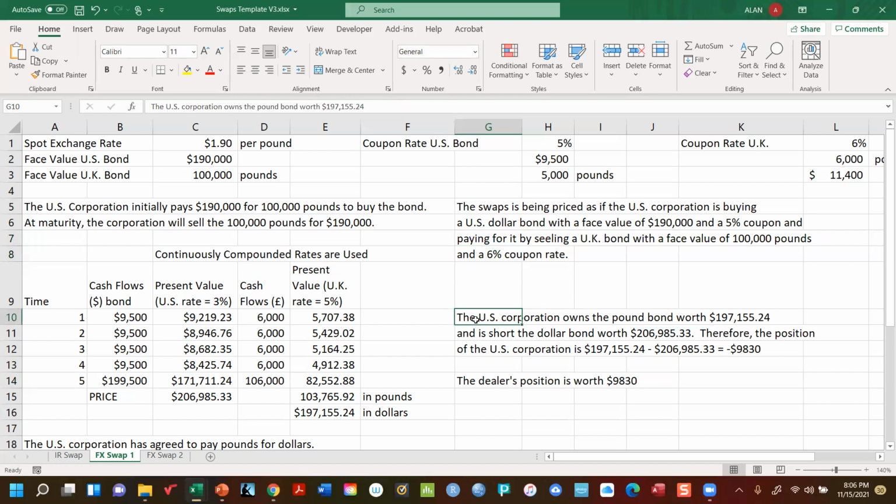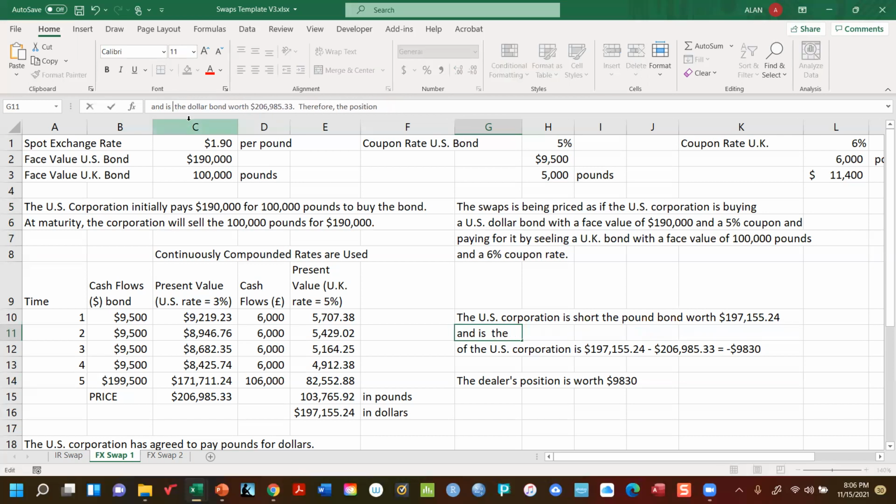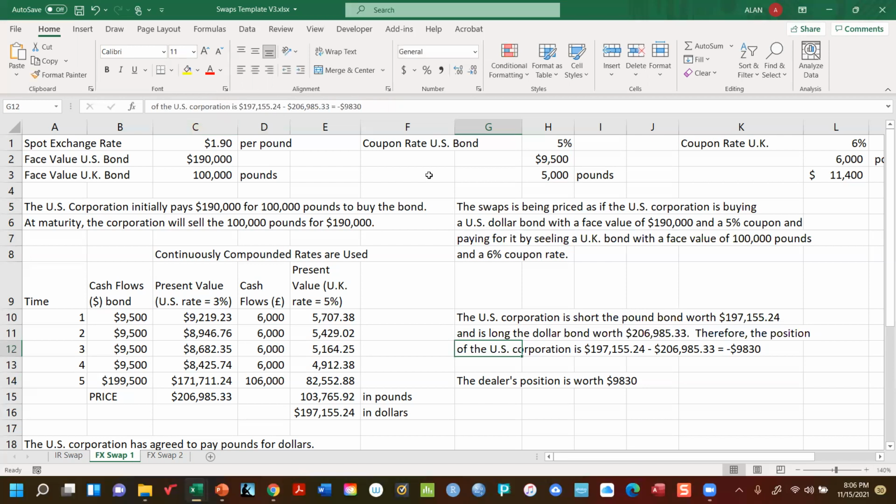So therefore, the US corporation is short the UK bond and is long the dollar bond. Therefore, their position is the opposite of what I just said.